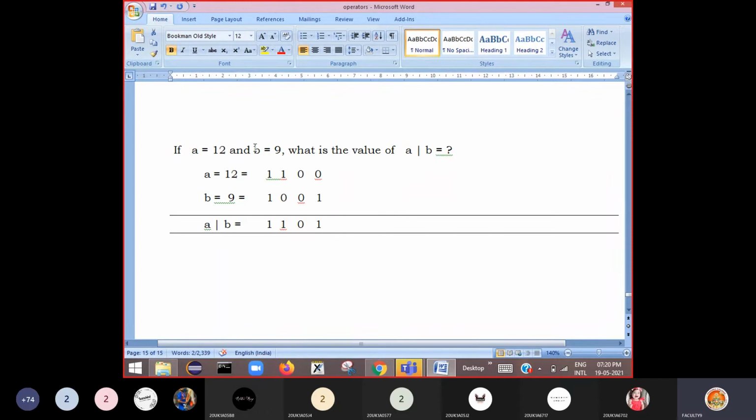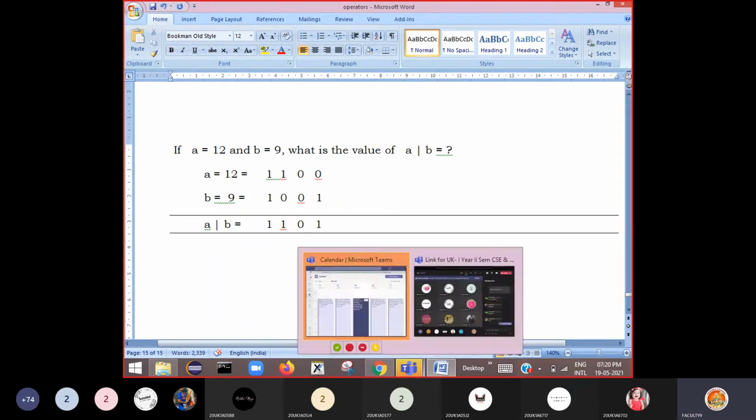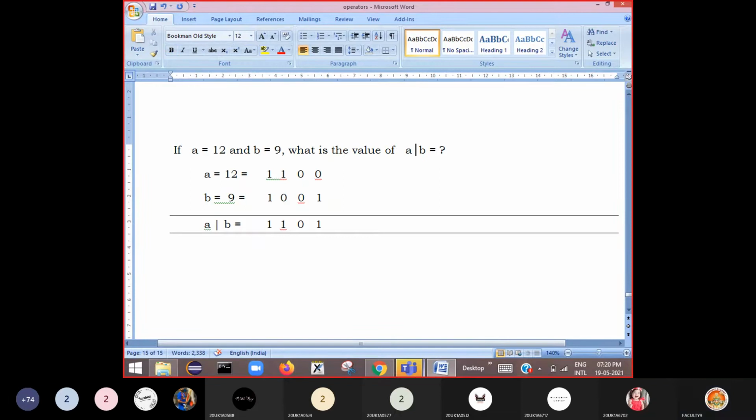Now we'll work out our original sum. If A is equal to 12 and B is equal to 9, what is the value of A exclusive OR B? A is equal to 12; if you represent it in binary form, this is the value, and B is equal to 9, in binary this is the value we got in the last class.